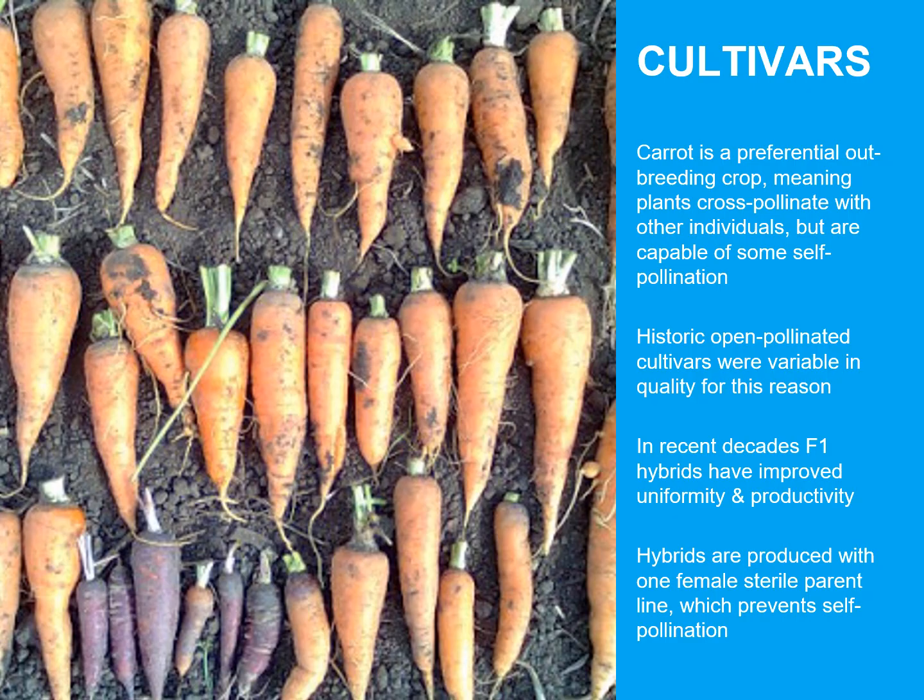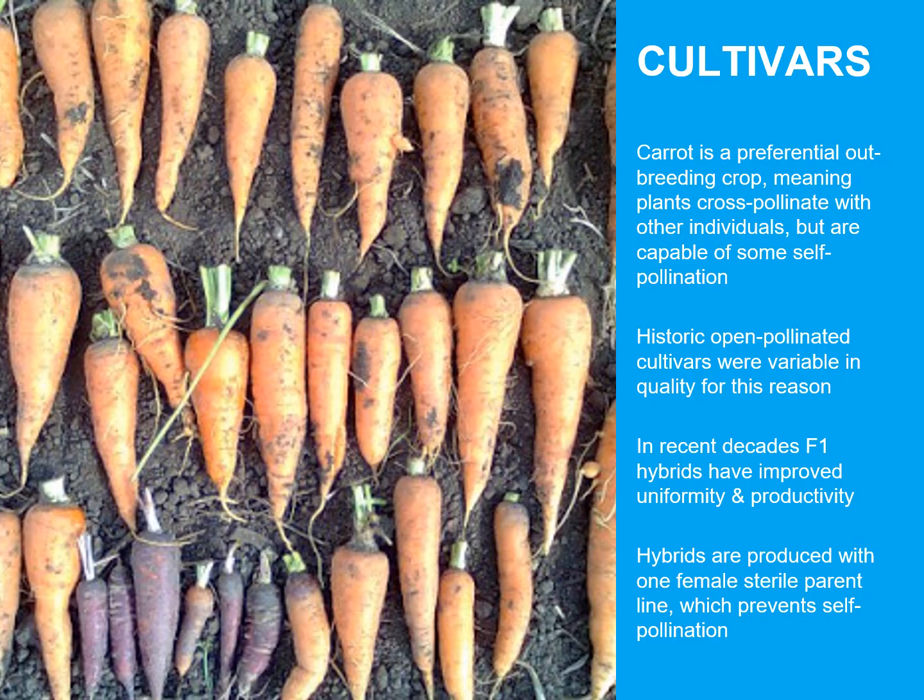So historically, open pollinated cultivars have been used, but as can be seen in this slide, open pollinated varieties are highly variable in terms of the types and shapes of roots, and even colours of roots that they produce.